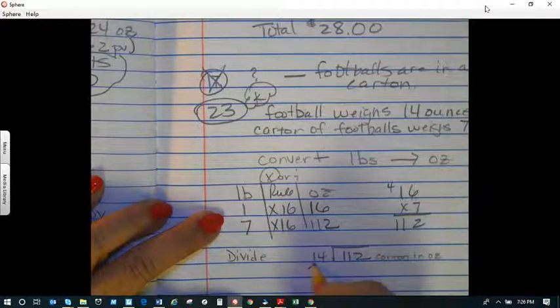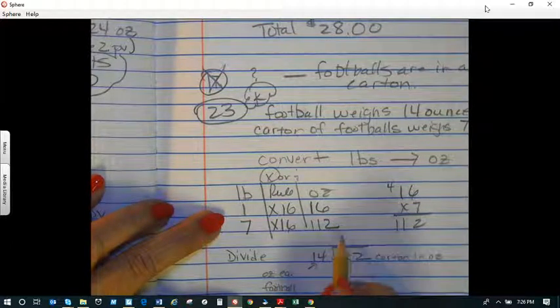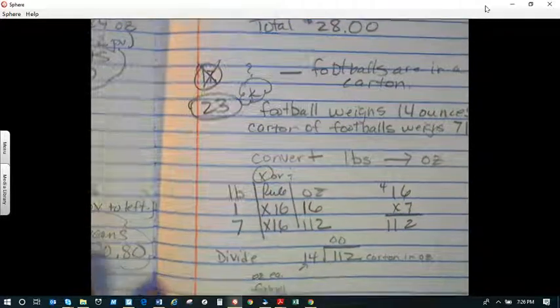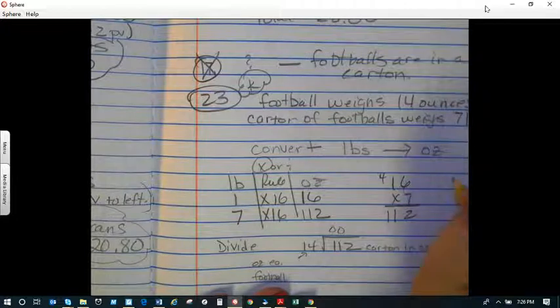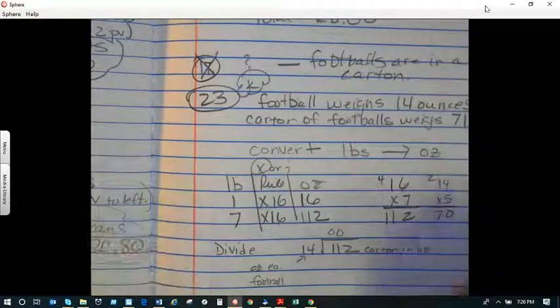This is ounces each football, the weight of each football. 14 cannot go into 1, it cannot go into 11, and so now I've got to multiply that out. So I'm going to start with 5 first. So 14 times 5. 4 times 5 is 20. 5 times 1 is 5 plus 2 is 7. I can keep going.